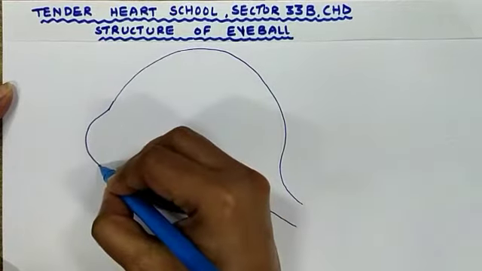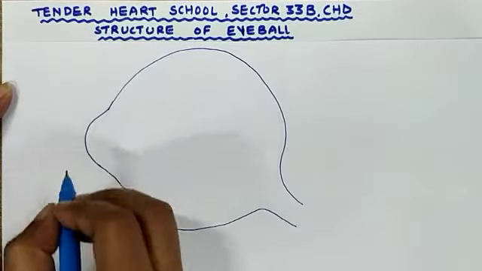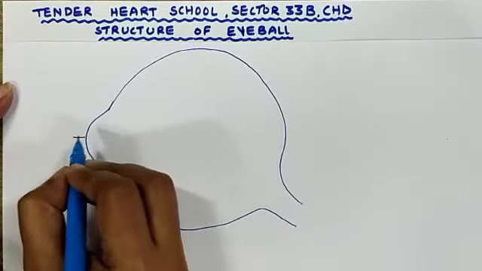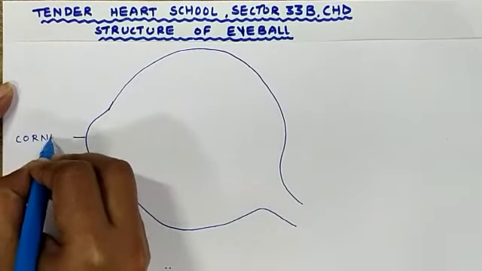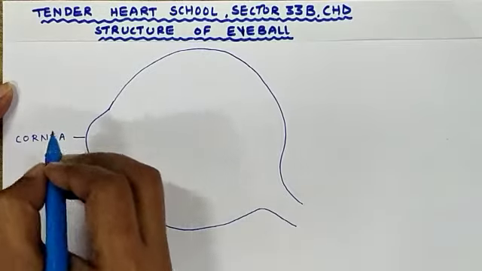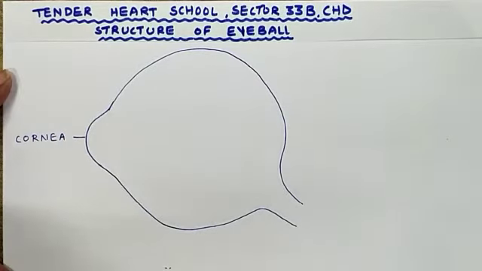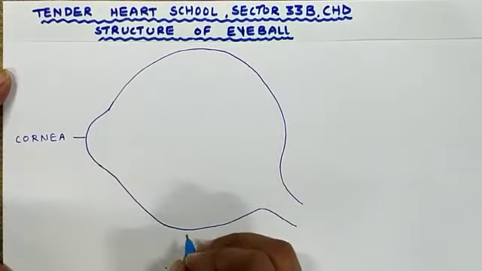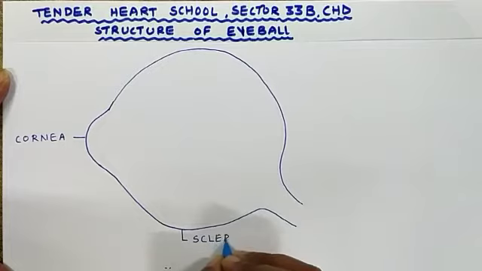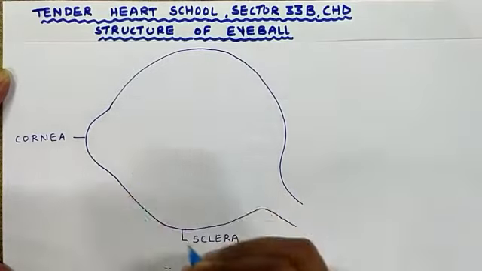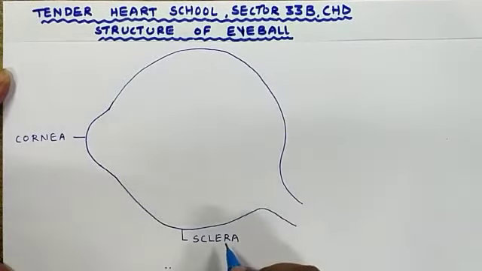This bulged out region of the sclera is called the cornea. So let us label them side by side. This is the cornea, and this is the sclera, the outermost layer of the eyeball.